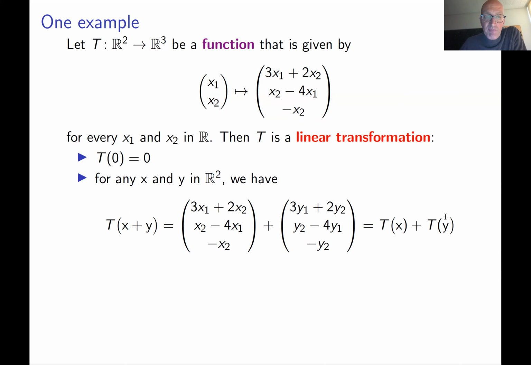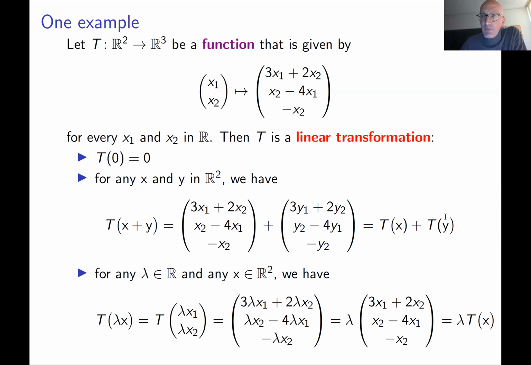Finally, the third one, you take a vector x and take some number lambda, and you have to check that T of lambda x is lambda times T of x. How to do this? Accurately, slowly, you take the vector lambda x, its coordinates are lambda x1, lambda x2, you substitute it into this formula, you get this vector, but then you observe that this is the same as lambda times this vector, by one of the properties of vectors.